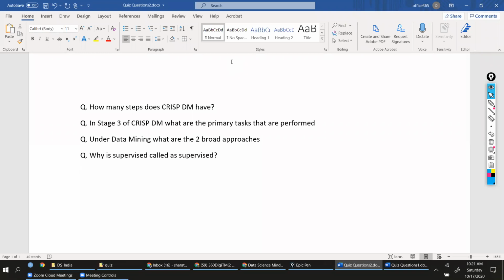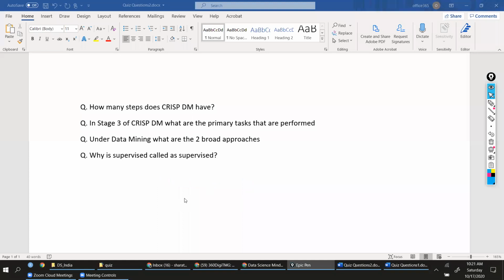And when you are training your machine with this historical data, if you have a set of input variables, then the pattern in this can be identified under the supervision of Y. Hence it's called as supervised learning.